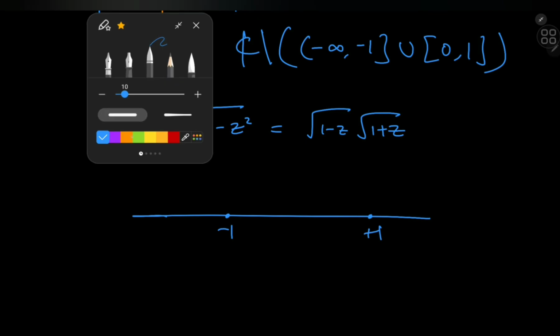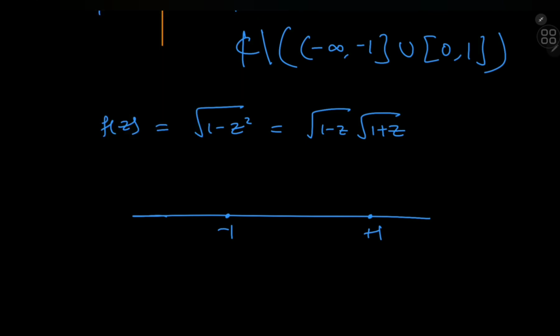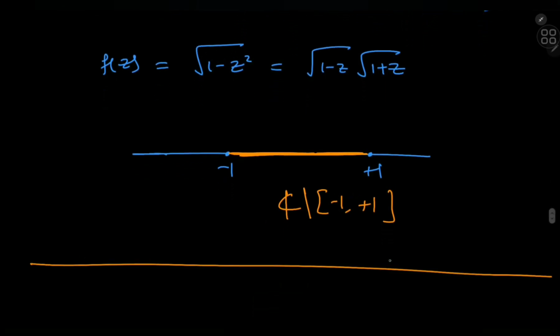And this is quite similar to the case of, it's exactly the same case, that is, of square root z times square root 1 minus z. So the suitable branch cut would be this interval here. So we define this function to be continuous on the slit plane C excluding -1 to +1. And I think that's enough examples for this video.